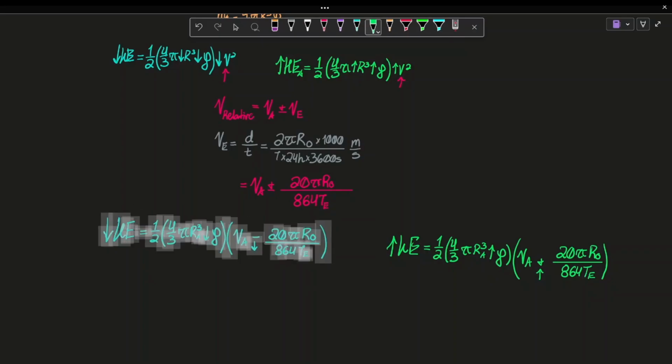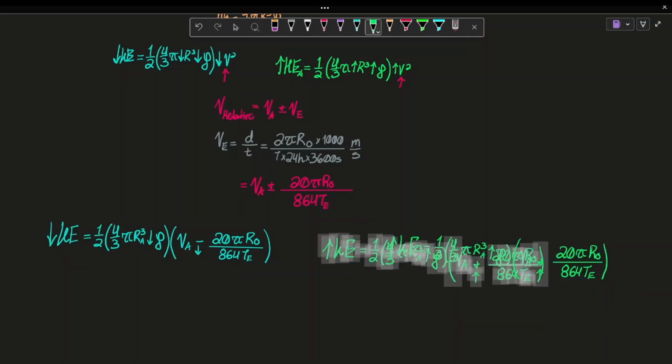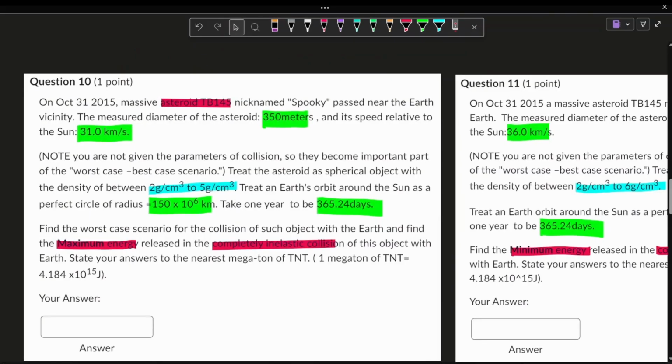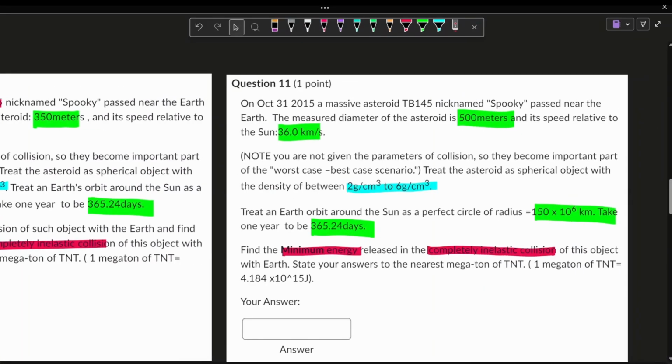So here in the minimum situation, you would consider the lowest density that the asteroid could have. So here, that would be 2 grams per centimeter cubed. Here, this would be the maximum, or sorry, other way around. This is considering minimum.